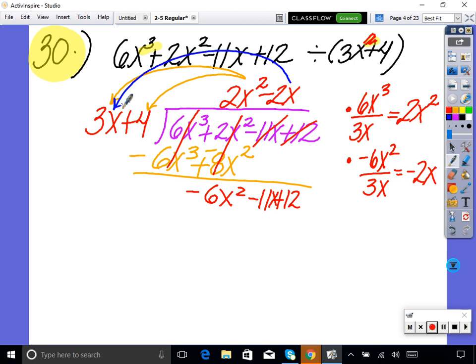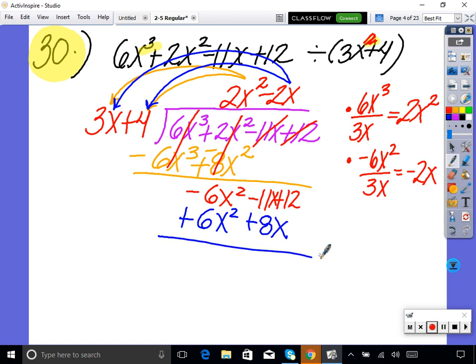Negative 2x times 3x is negative. Perfect. Negative 2x times positive 4. You're right. Change the sign, right? That's the most forgotten thing. And then we add straight down. Gonzo. Not so gonzo, which is negative 3x plus 12, right?